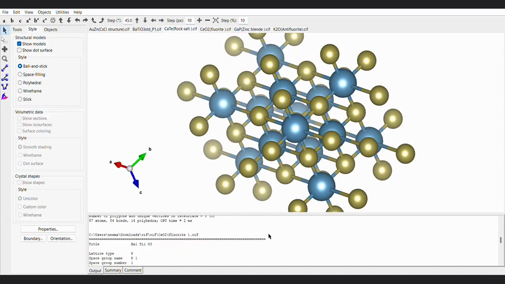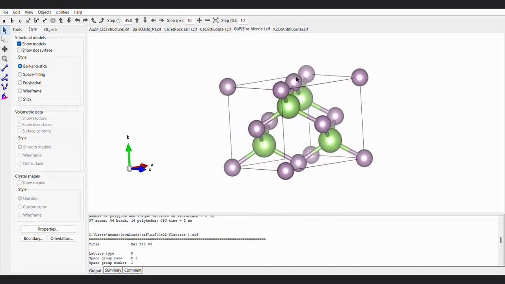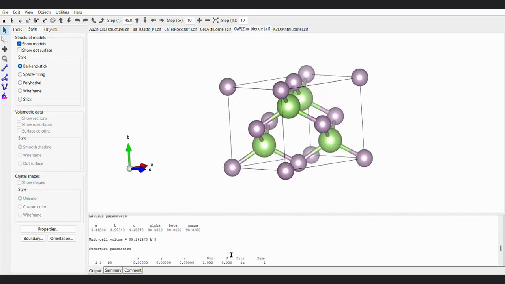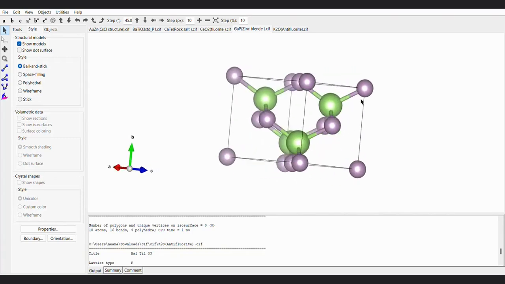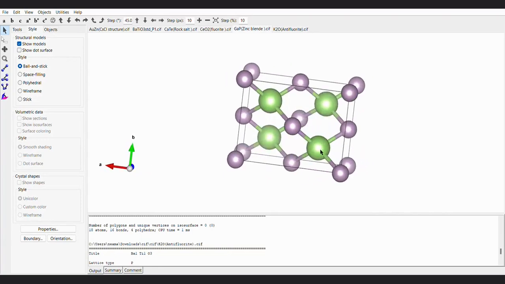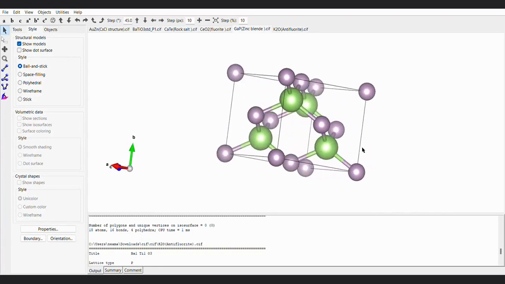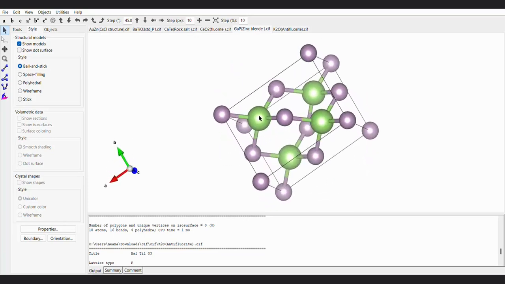Then we move on to gallium phosphide, which exhibits a zinc blende structure. Okay, so the zinc blende structure consists of zinc and sulfide atoms, in which we see a face centered cubic symmetry with gallium and phosphorus atoms occupying alternate tetrahedral positions.